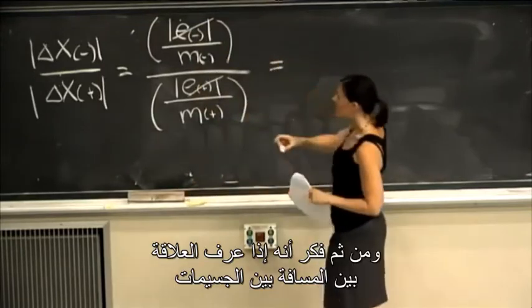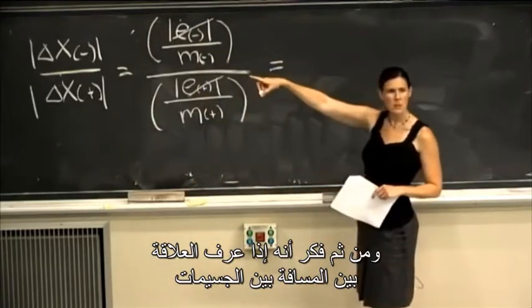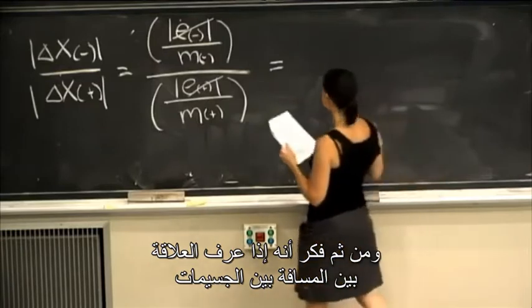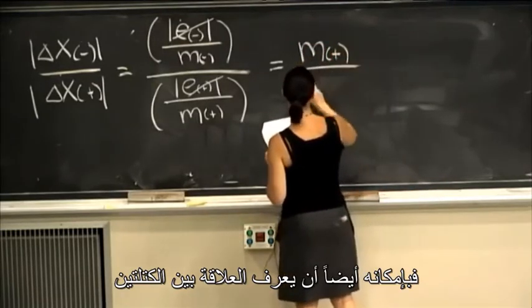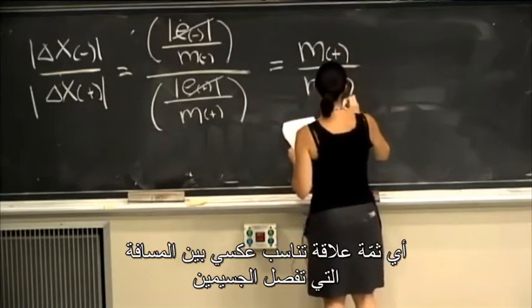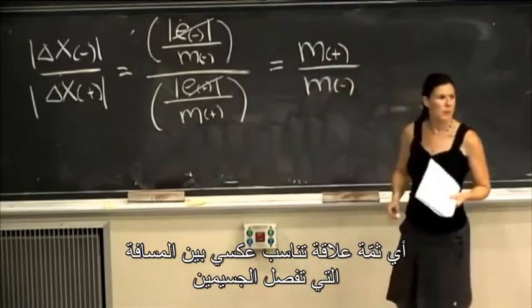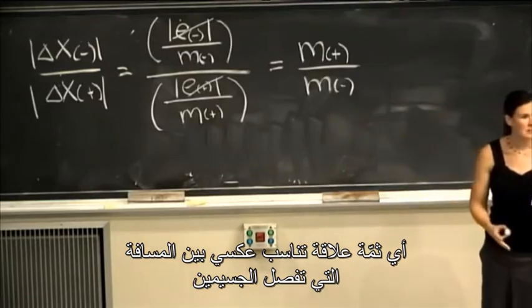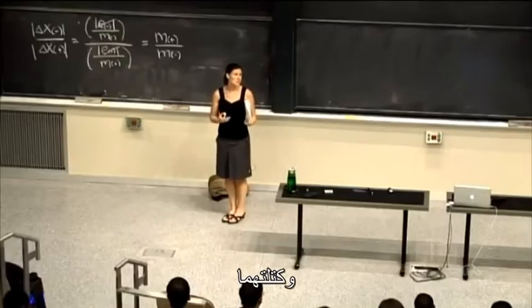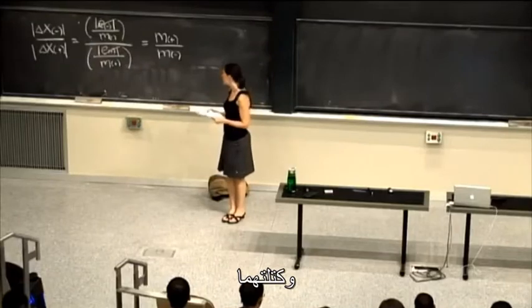So what that told him was if he knew the relationship between how far they were each displaced, he could also know something about the relationship of the two masses. So essentially, there was an inversely proportional relationship between how far the particles were displaced and what the mass of the two particles turned out to be.